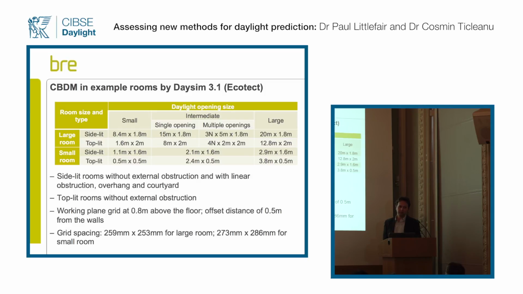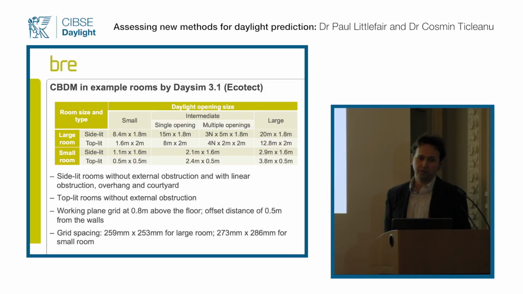For the small rooms, we only had 1 opening. And the reason for that was purely to look at how that would affect daylight uniformity across the space. Obviously, if you have multiple openings, daylight is a bit more uniform than having 1 single opening, which also may be a bit unrealistic, to be honest.